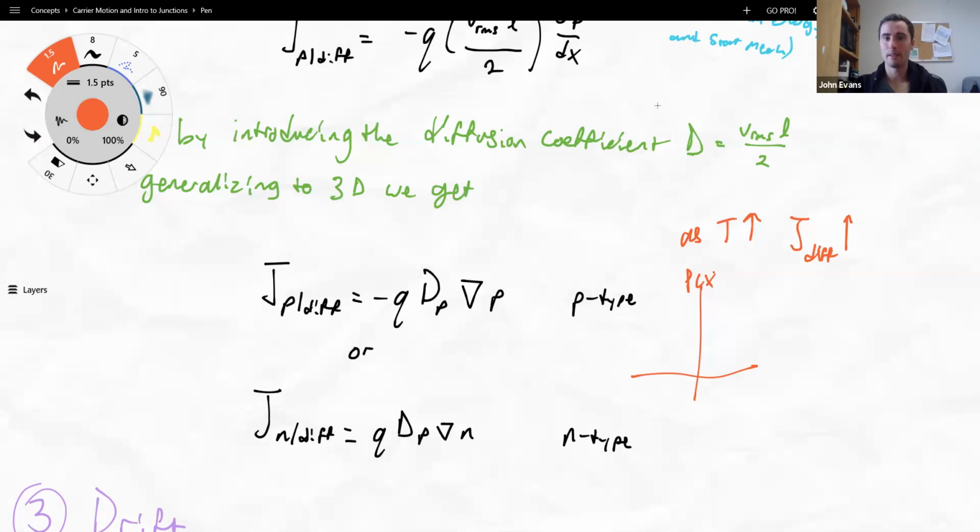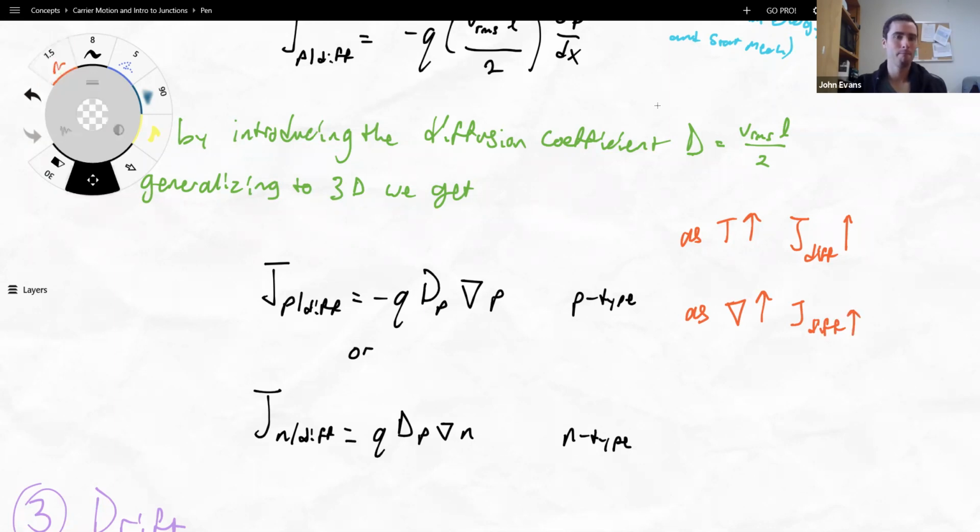Though notice then, similarly, if our concentration gradient decreases, in fact becomes 0, so if we had a uniform concentration, the diffusion current becomes 0, right? Which is what we'd expect. So that's good. We'll write down that as the gradient increases, J_diff increases. Cool? All right.